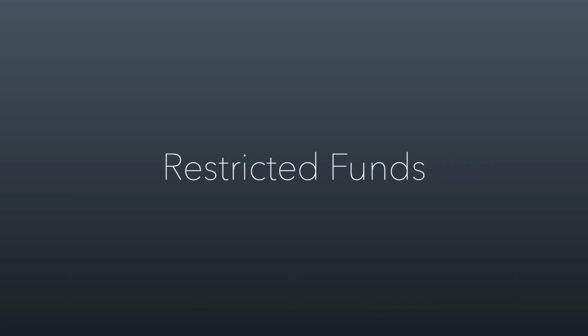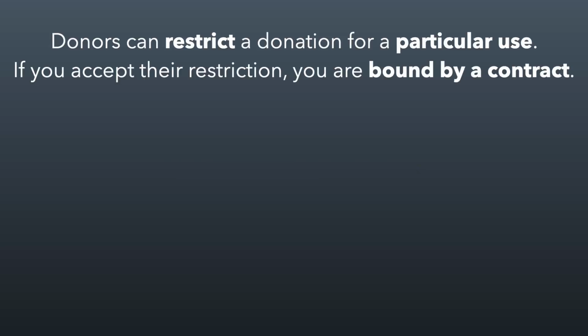Sometimes nonprofits take donations where they make a promise to use the donation in a particular way. For example, they might say to the donor, we promise that we'll use your donation in Utah County. And if you make that promise, then you're limited by law, by the promise, by a contract, in the way you use that money. And good accounting practices mean that you account for your restricted funds specially.